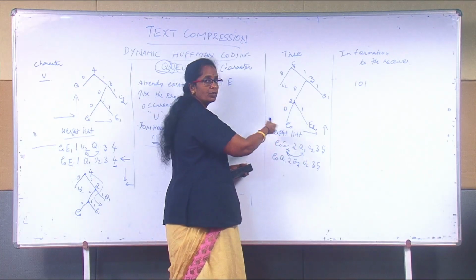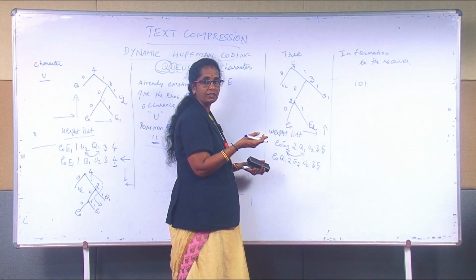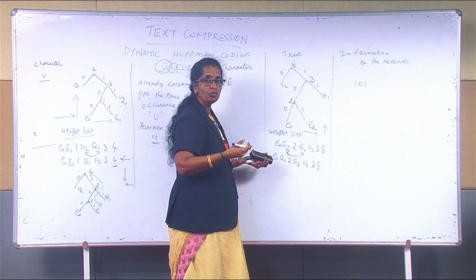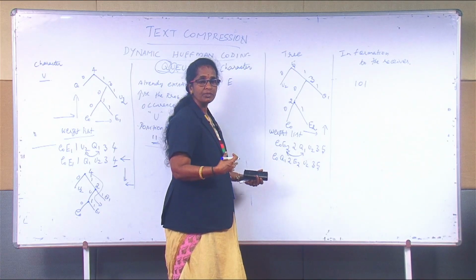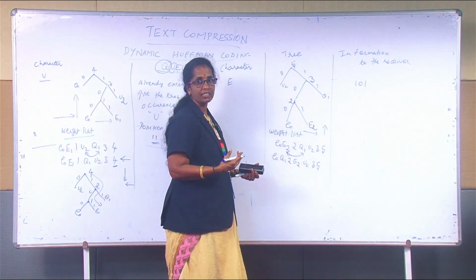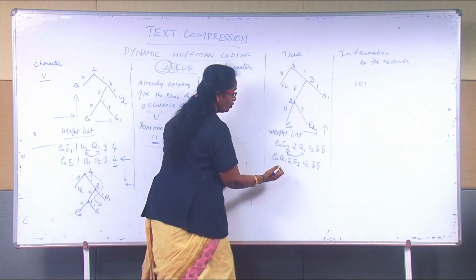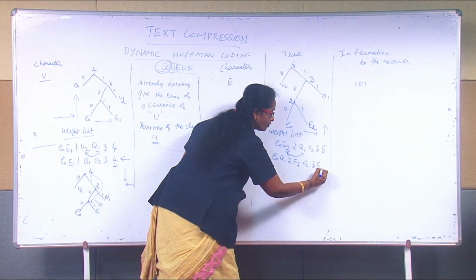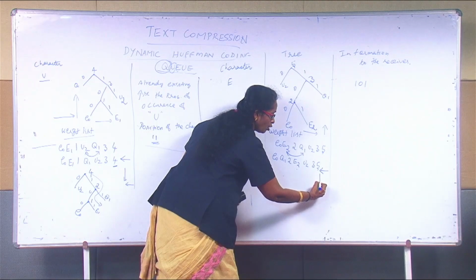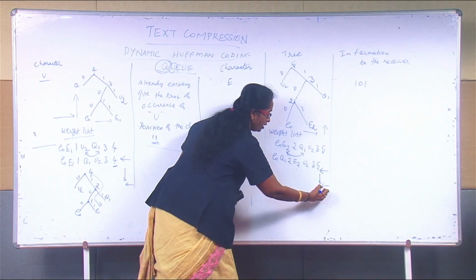To do that only, we are doing this swapping and we are drawing an updated tree. All these are being done by whom? By the encoder. The source encoder sitting in the transmitter side is doing all these functions. Okay. Therefore, what is our updated tree? How will you draw? Read the wait list from the right and construct the tree from top to bottom and from right to left.